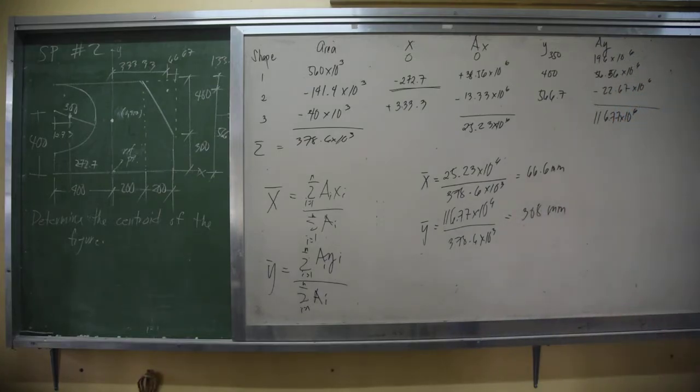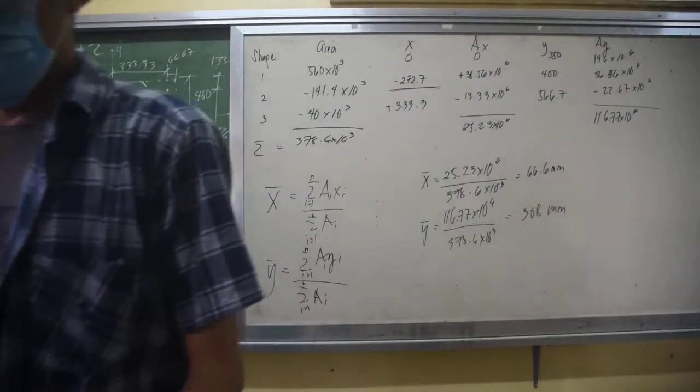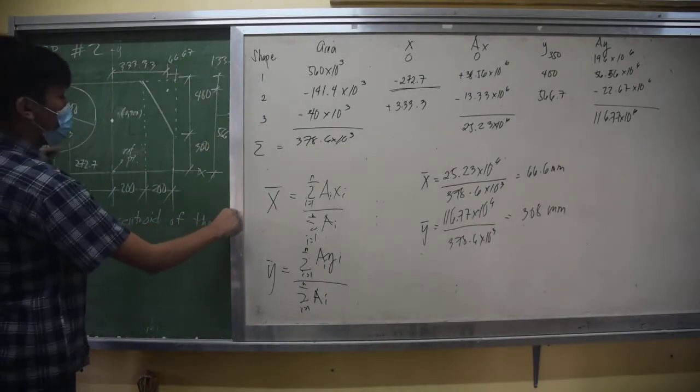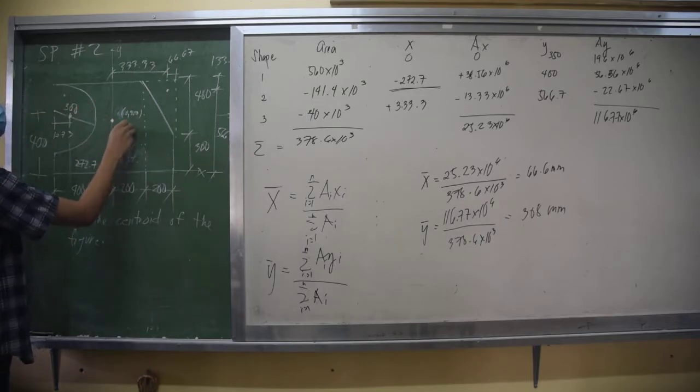So kung ilolocate natin itong centroid ng buong figure natin, yung location ng centroid niya ay 66.6 then 308. So somewhere dito. So ito na yung centroid ng buong figure natin.